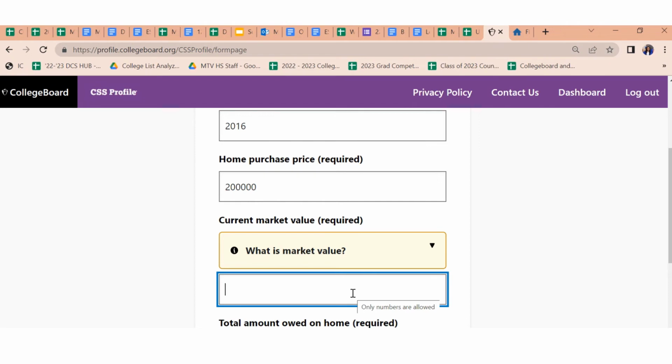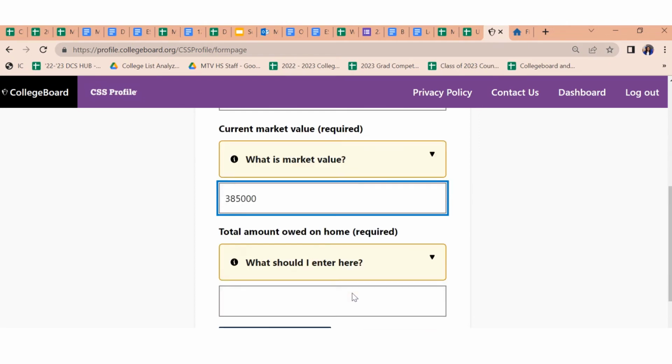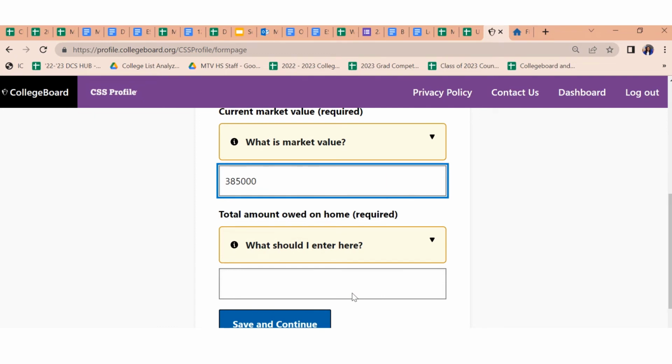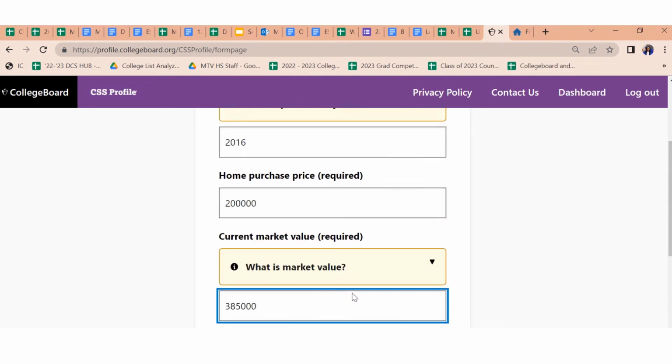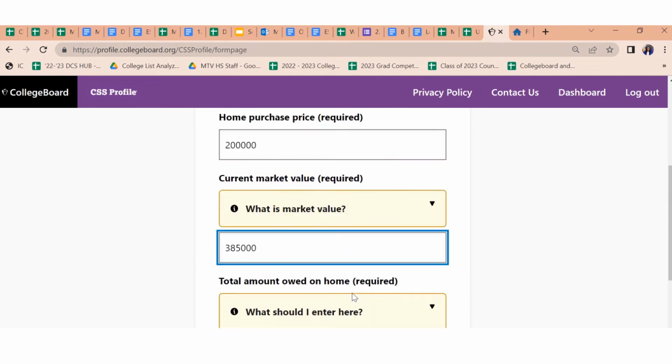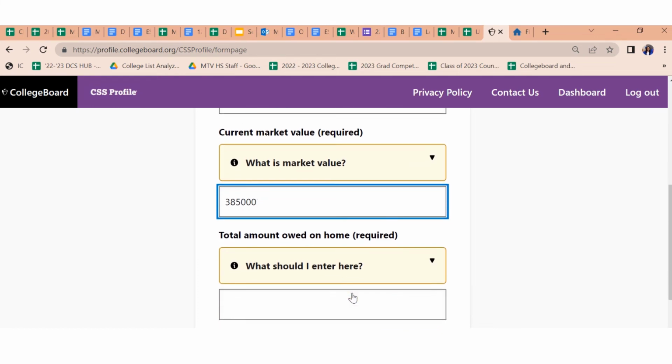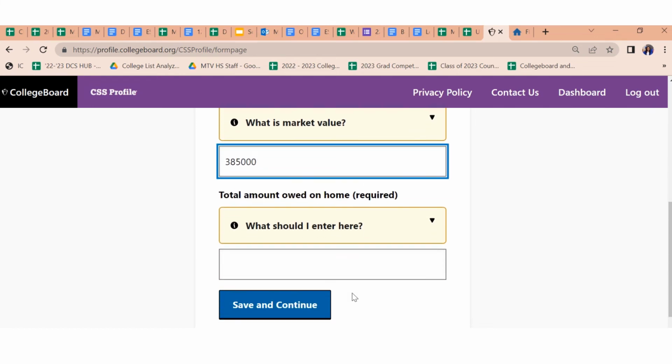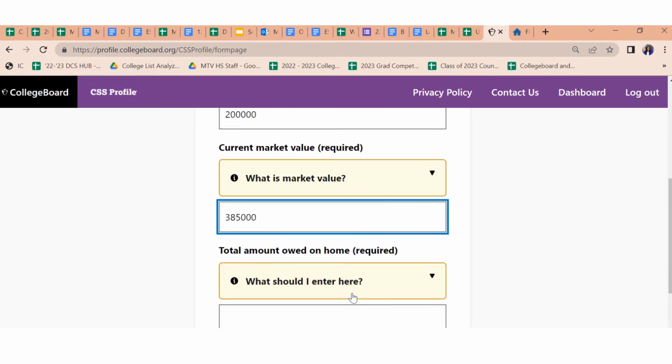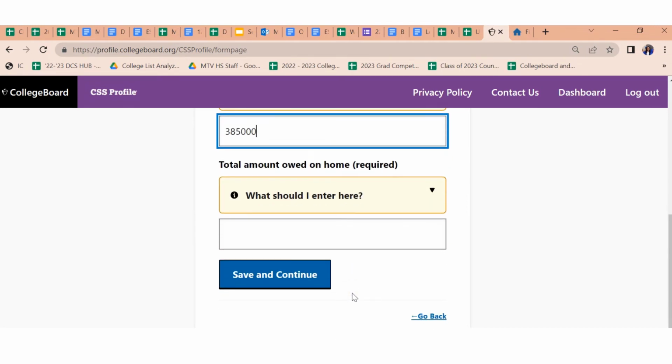So I did that, and this is what I got. The current value of a home purchased in 2016 at $200,000 now has a market value of $385,000. Again, please do not overestimate, overvalue your home.